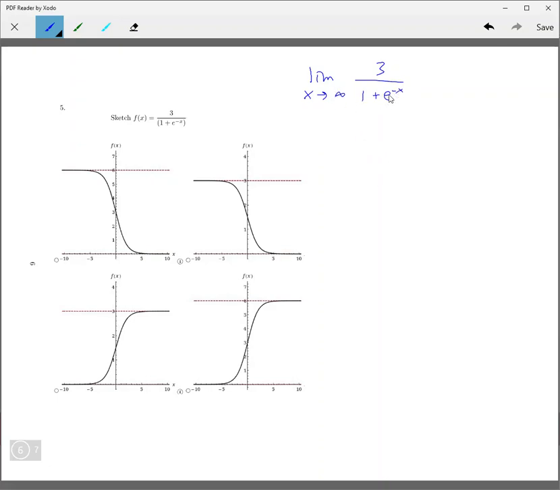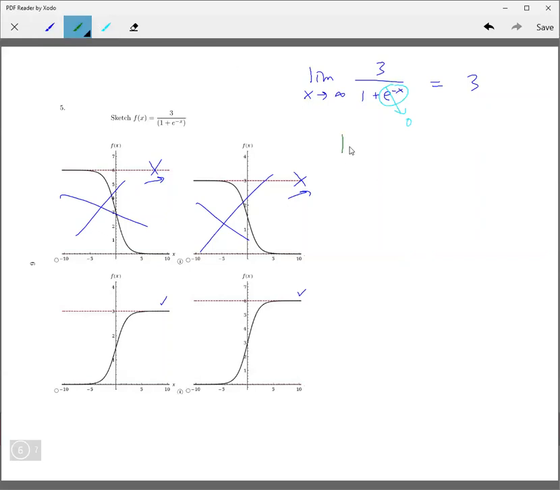As x gets larger and larger, you're taking e to the negative larger and larger. This is going to go to 0. And so you're just going to end up with 3. So 3 is a horizontal asymptote as you go to the right. So that's going to be like this, and this and this are good. Now over here, it should be approaching 3 as you go to the right. So that means that both these two are out.